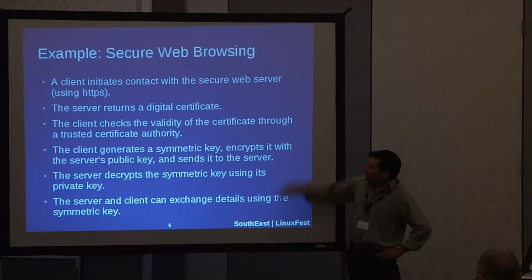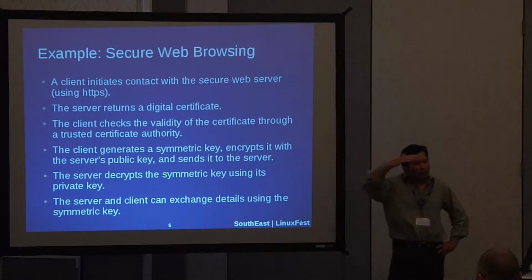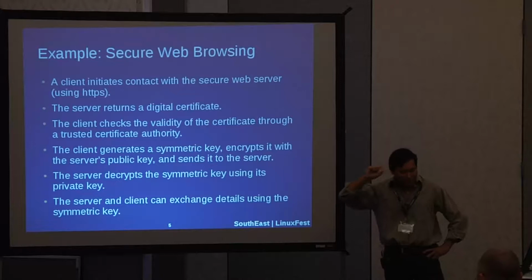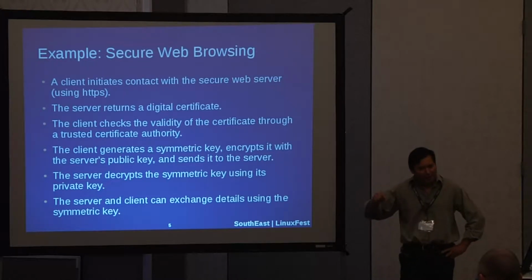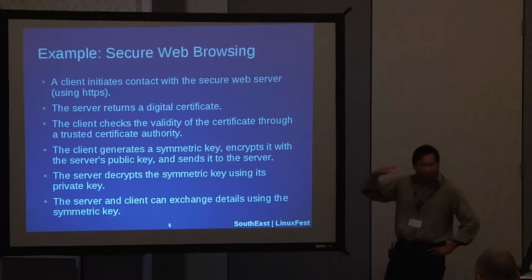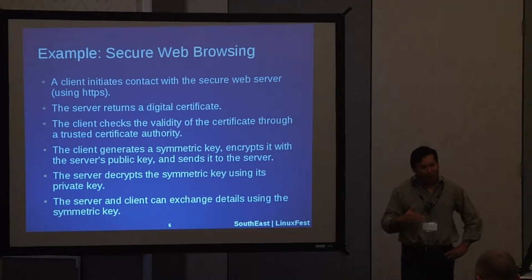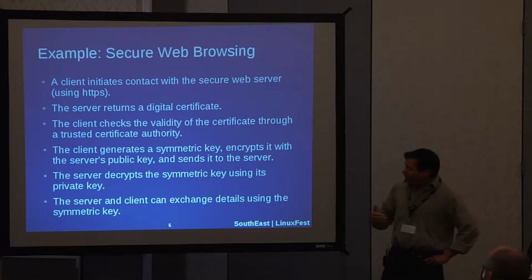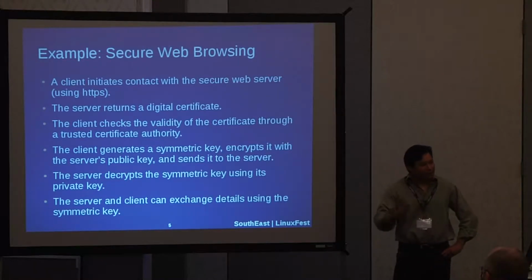And then finally, it checks whether the certificate has been signed by a certificate authority that the client trusts. In your browser, you have a whole bunch of certificate authorities that are pre-installed and trusted, like VeriSign and so on.